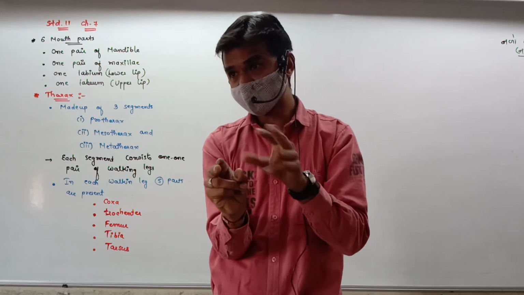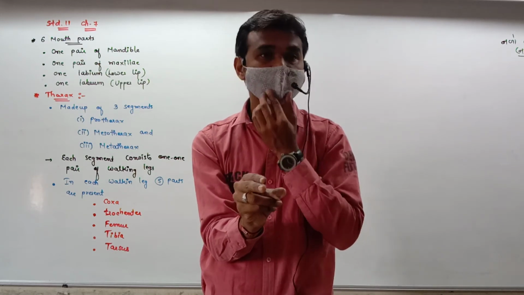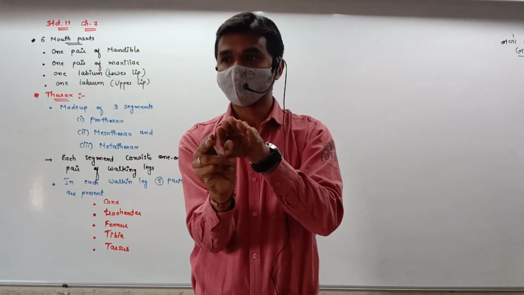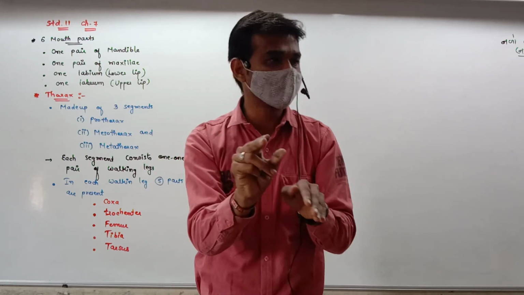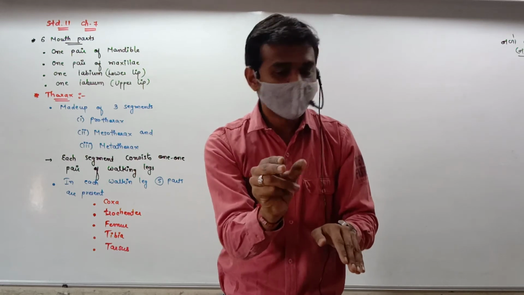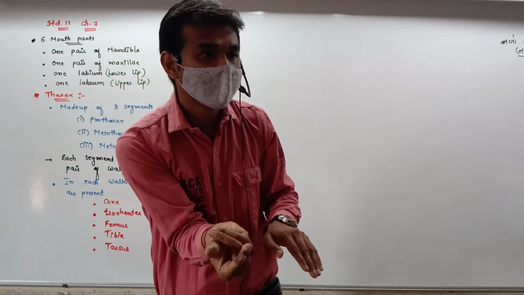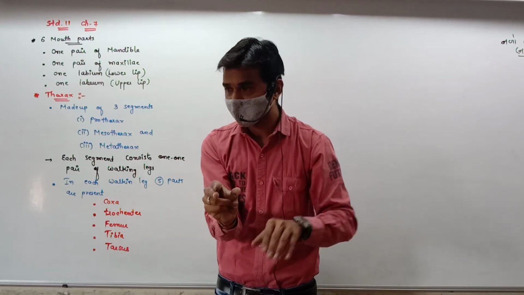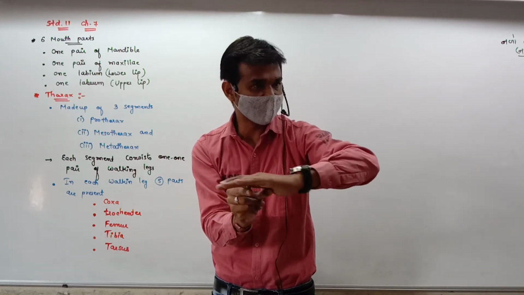And when you move the cockroach inward, you are on the dorsal surface, so the dorsal side wings are there.